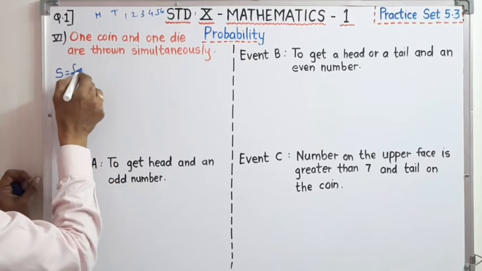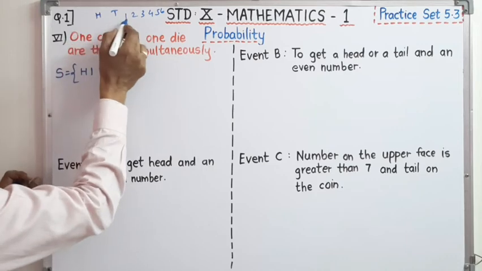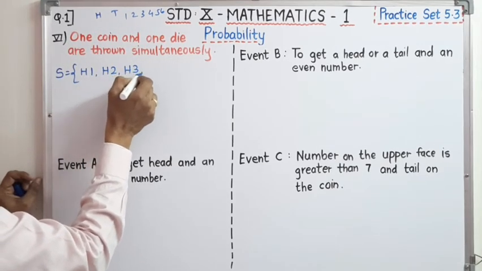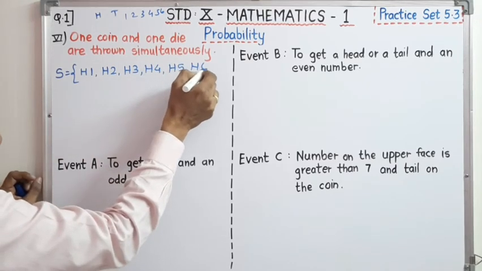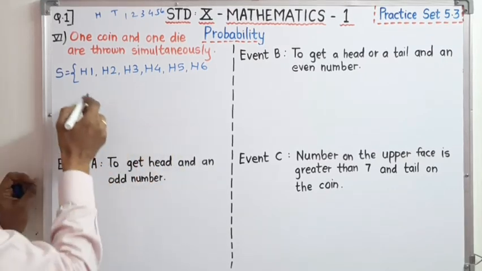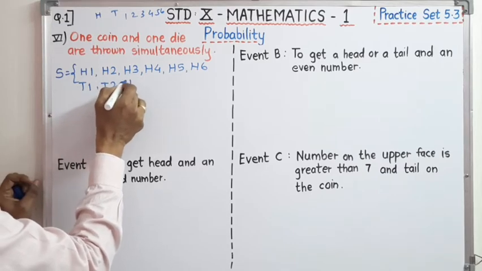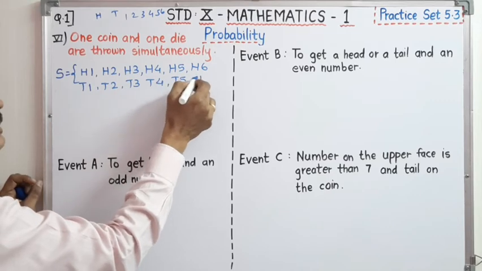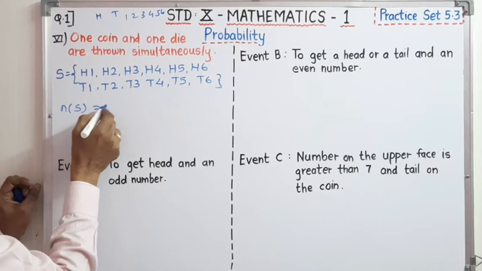Therefore H1, H2, H3, H4, H5 and H6, that is head and 1, head and 2, head and 3. Like this, T1, T2, T3, T4, T5, T6. Therefore number of S is equal to 12.